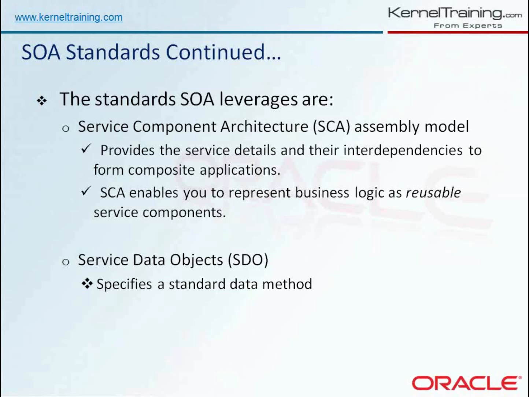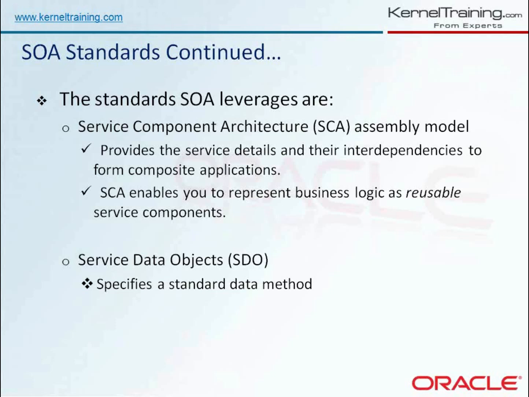First is known as SCA, Service Component Architecture. It provides you a mechanism through which you can develop your different composite applications. Let me tell you first what a composite is. A composite is a collection of different service components.